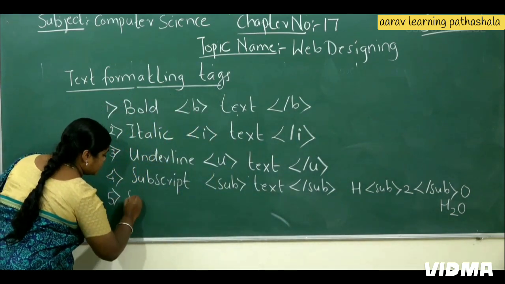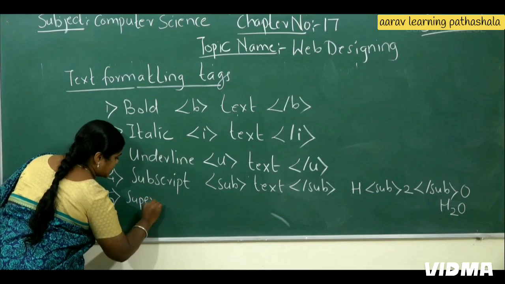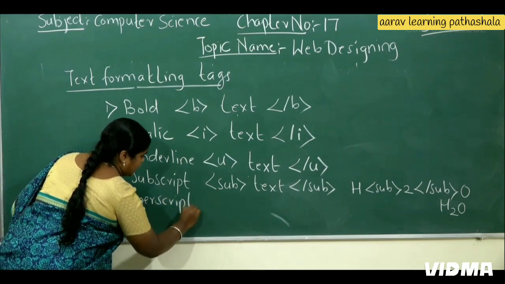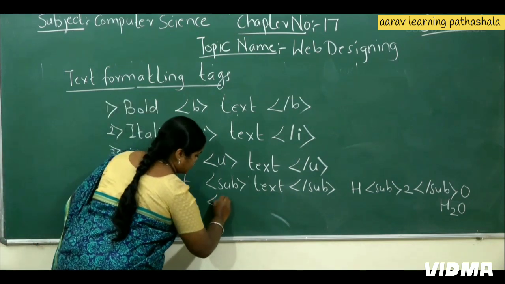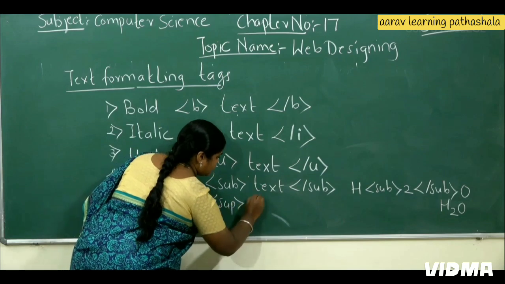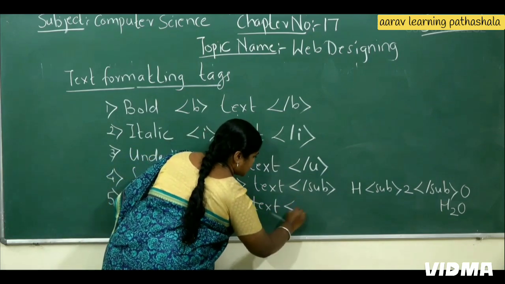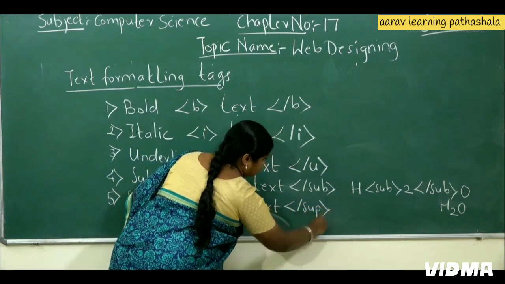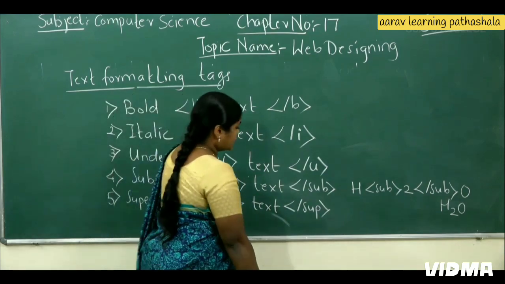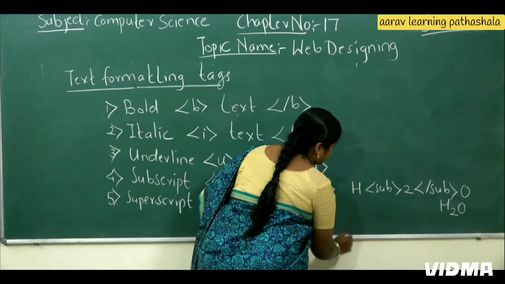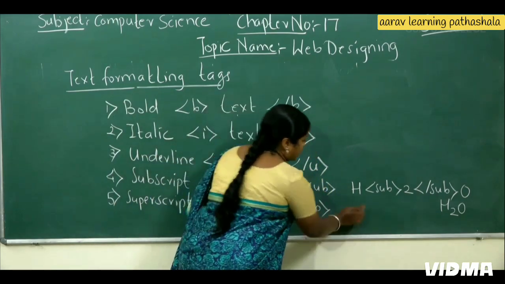Then after this we are going to study superscript. The tag used for superscript is <sup>. We are going to specify some text, then </sup>. For this tag we will take the example of a formula.